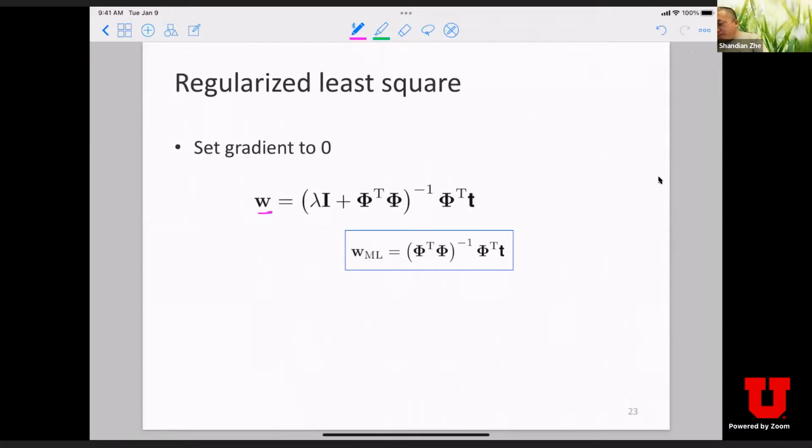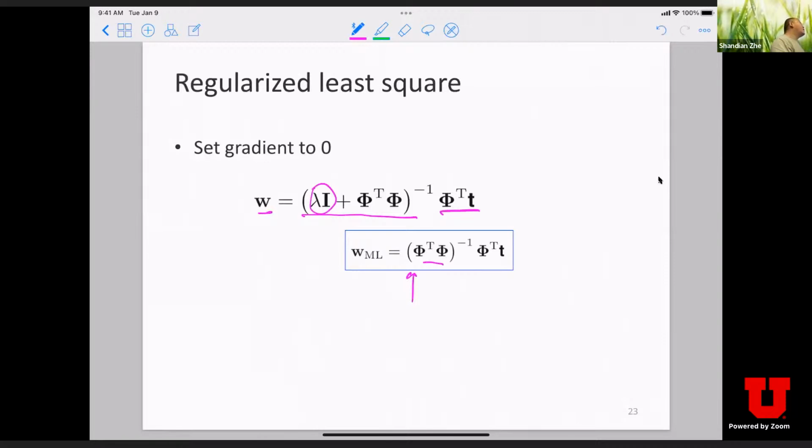You can see that I'm going to add a diagonal matrix to phi transpose phi, then take the inverse, then multiply by phi transpose t. Compared to the maximum likelihood estimation, the only difference is that before the inverse, I add a diagonal matrix, not necessarily small, to phi transpose phi.